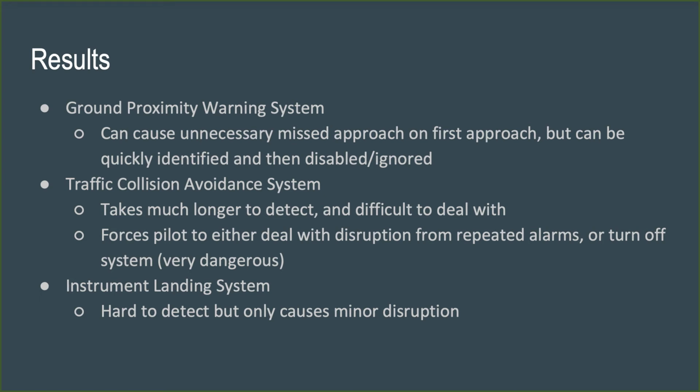But now you don't know if there's any planes around you, so that's problematic in its own sense. Or you're being distracted as a pilot because you keep getting alarms. So it's kind of a lose-lose scenario in this case, and this is what the results from the pilots showed as well. And then finally, we have the instrument landing system. So their experiment showed that although this is pretty hard to detect for a pilot, it didn't really cause too much disruption, so it wasn't that bad.